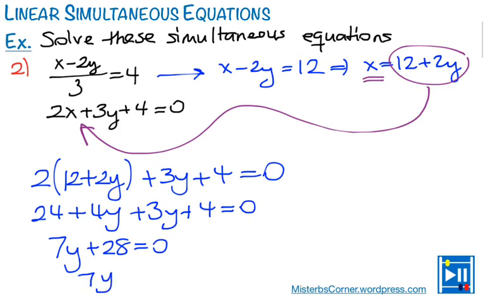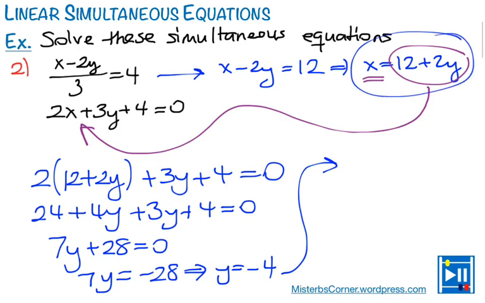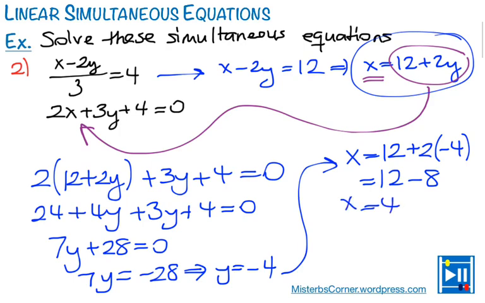So 7y is negative 28, and from here y is negative 4. So for y is negative 4, I can use this expression now. x equals 12 plus 2 times negative 4, which would be 12 minus 8, so x would be 4.